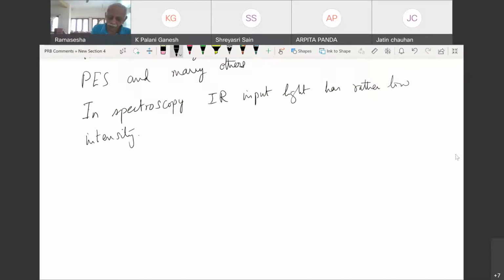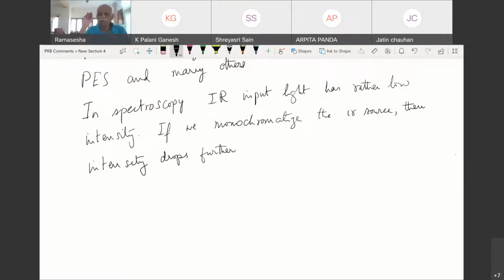So if we monochromatize the IR source, the intensity drops further, because the black body radiation tells you the total energy that's emitted by the body which has been heated, say to red hot temperature.